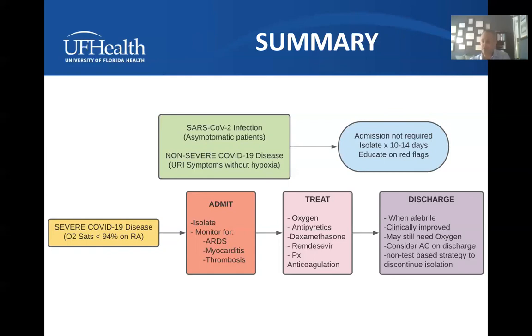And anticoagulation, remember, enoxaparin is preferred when your GFR allows, and determine readiness for discharge based on clinical improvement, the defervescence without antipyretics, and you may consider using the labs for cytokine storm.